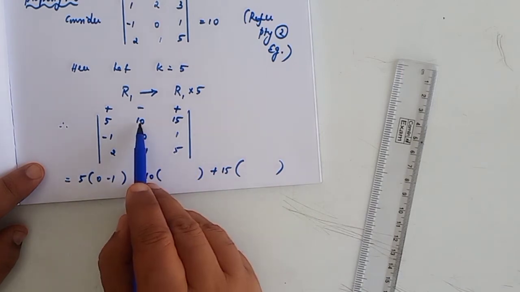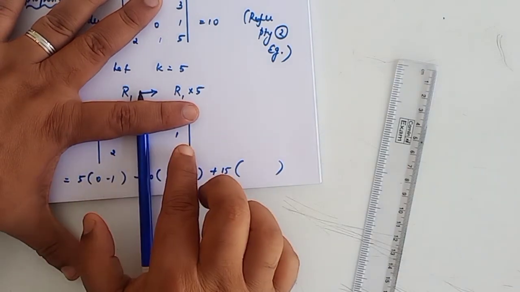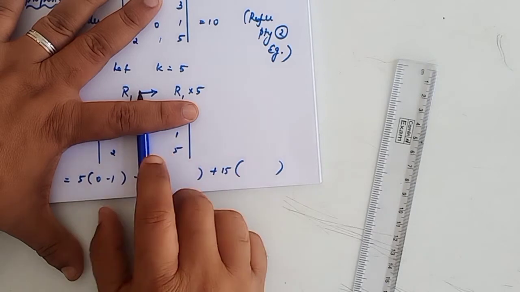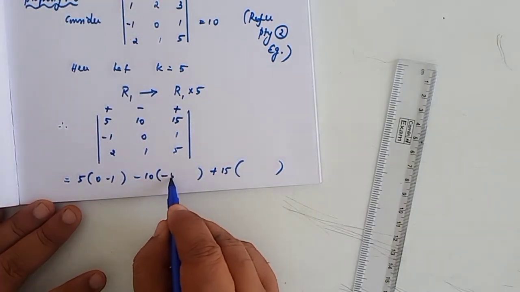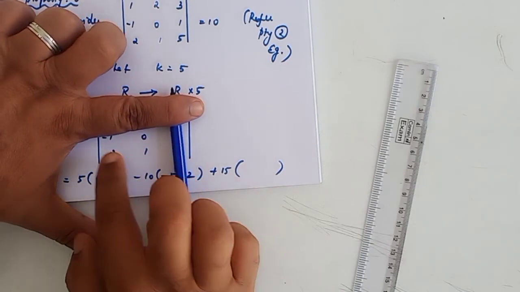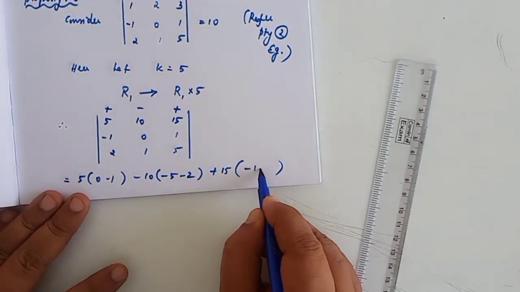Then the second element is 10, leave this column and row, we have these 4 elements: minus 1 into 5, minus 5, plus 2 becomes minus 2, minus 5, minus 2. And leave the last column and first row, multiply these two, minus 1, minus 0.